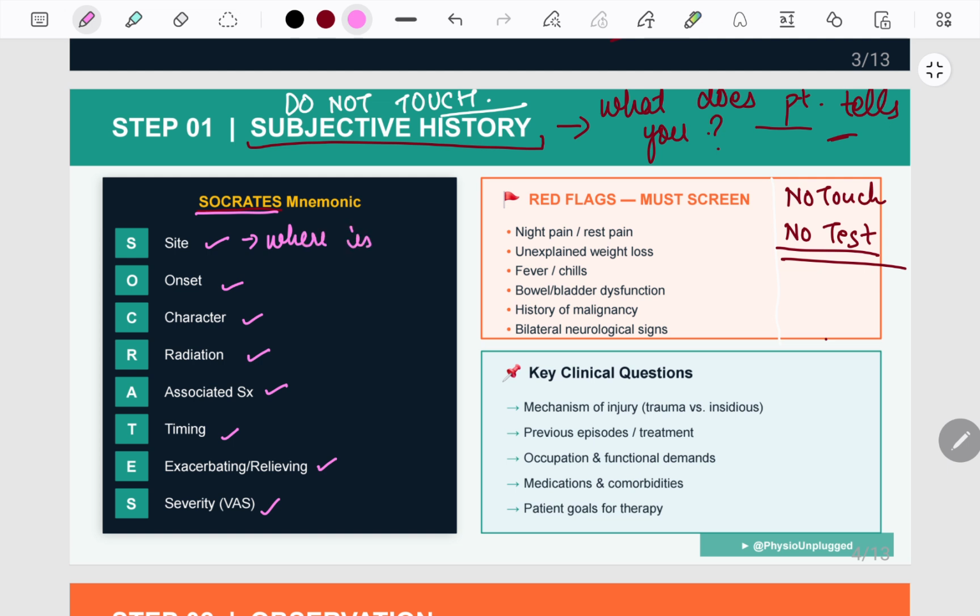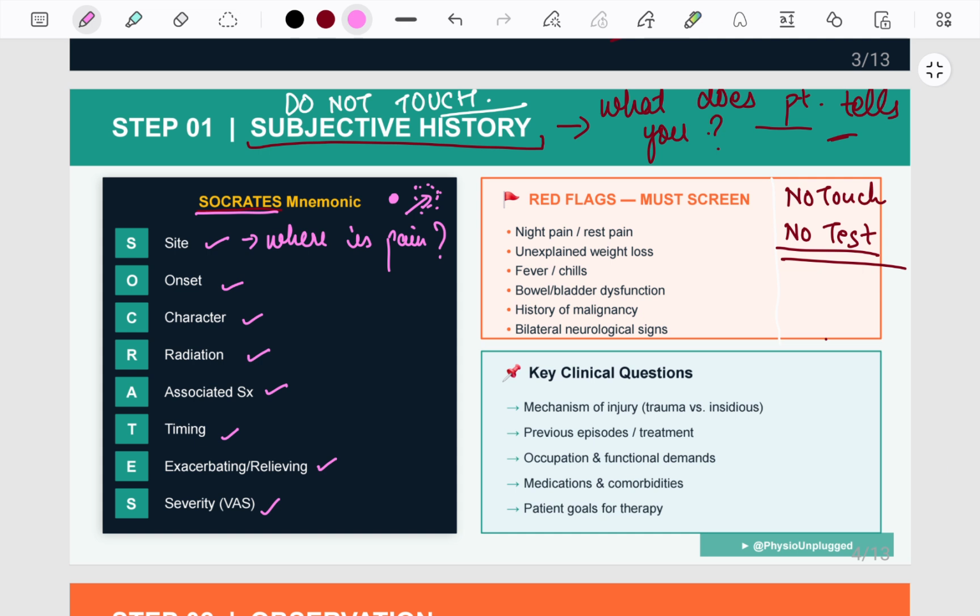Can the patient point to it with a finger, or does the patient say it is diffused? Pointing means the patient can point a finger and say here is the pain, and diffused means he can say this part is hurting, but I can't point my finger to a particular point. So this is diffused pain. So this is understanding the site of pain.